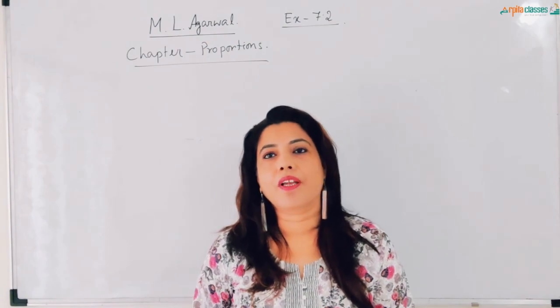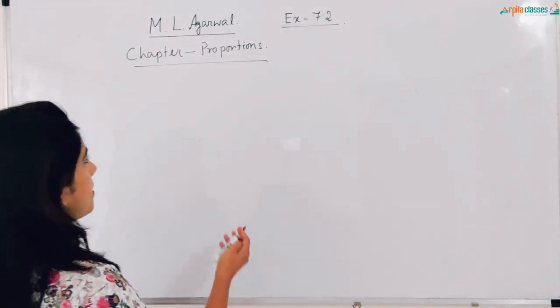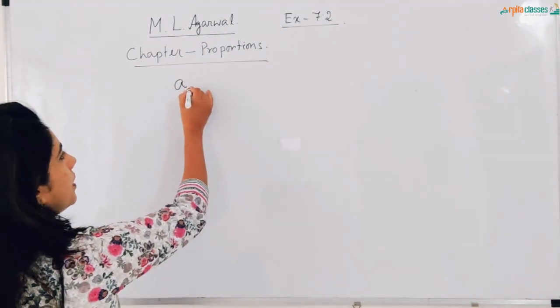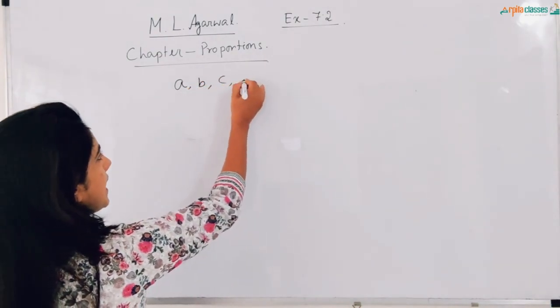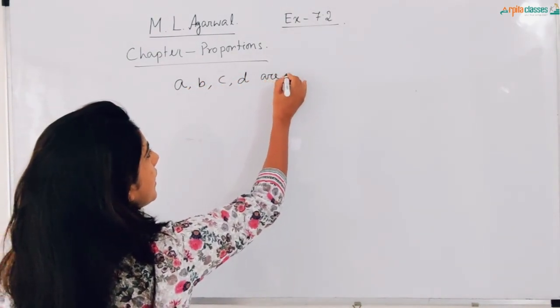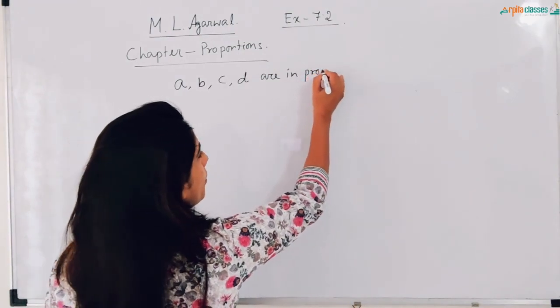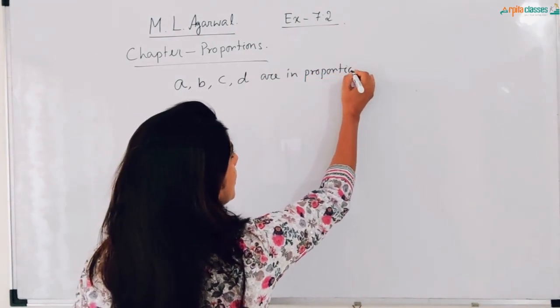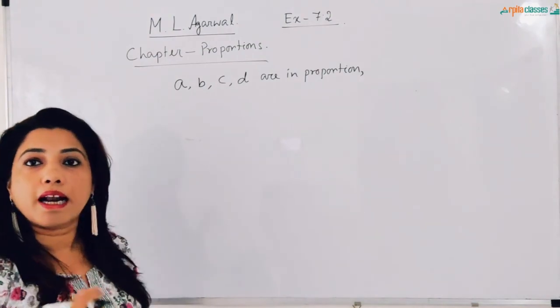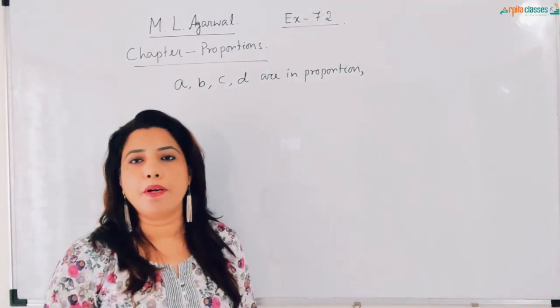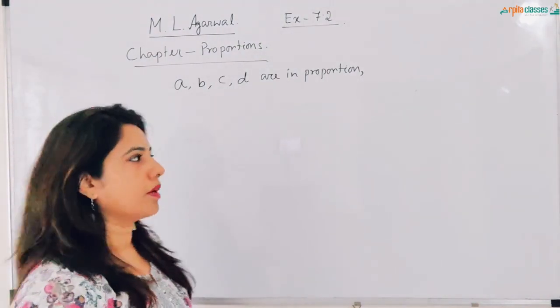Let's get started. So, suppose these numbers A, B, C and D are in proportion, we need to see what is the criteria that these four numbers A, B, C, D will be in proportion.